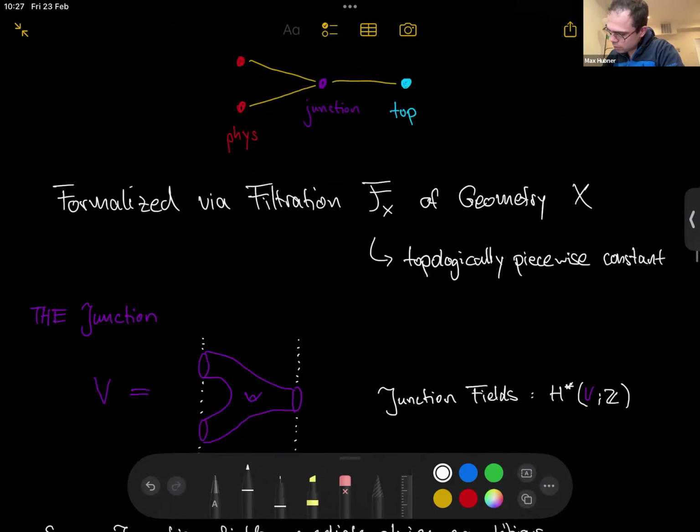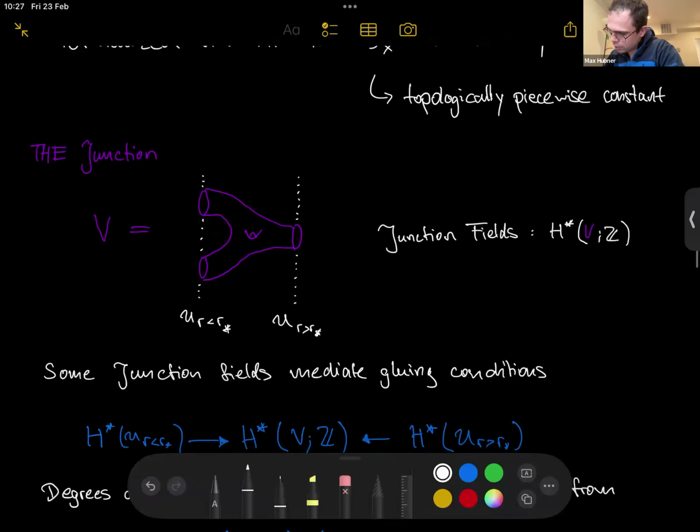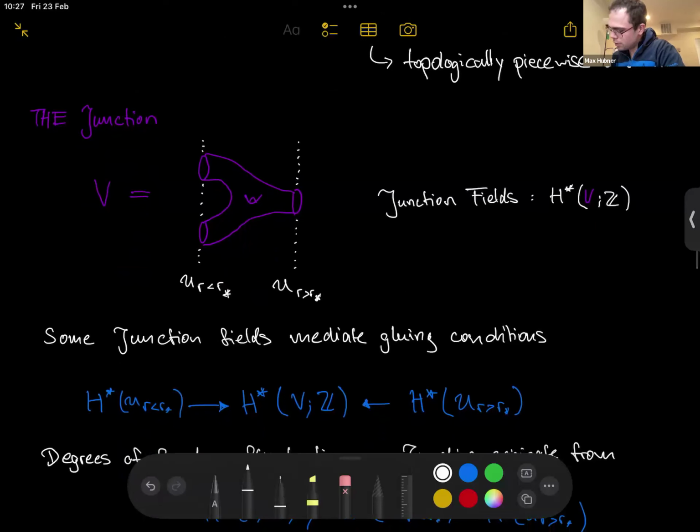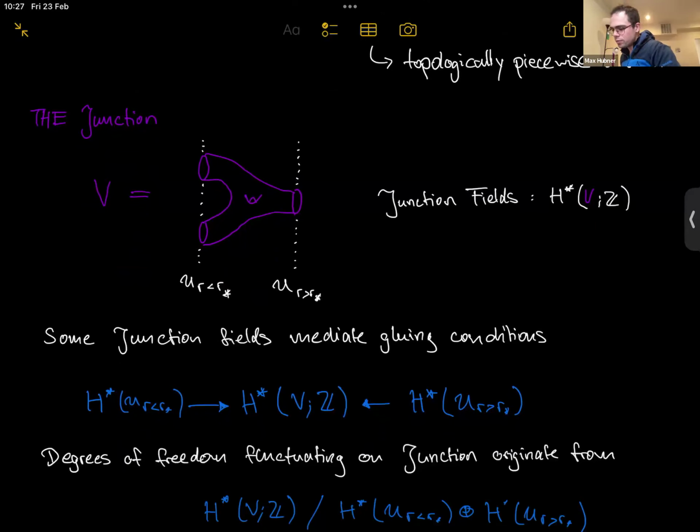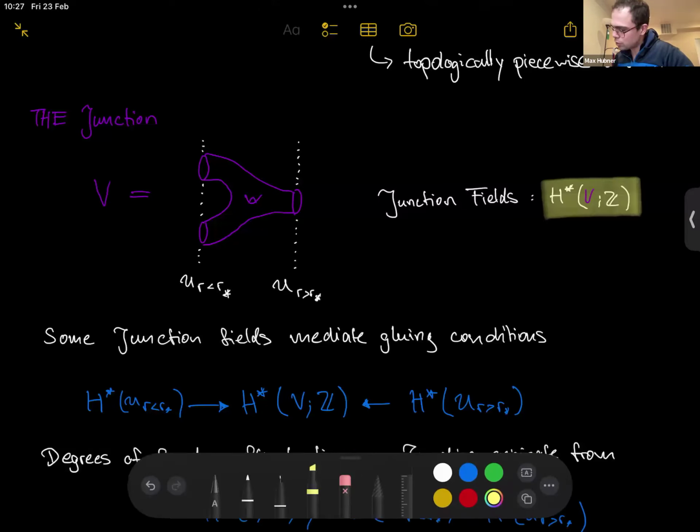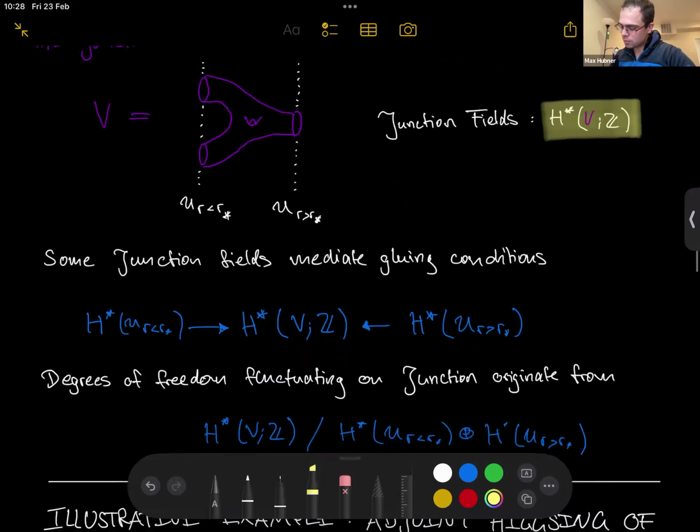And so the junction fields are going to derive from simply the cohomology groups of this space V. And the junction fields will have two purposes. Some of these will mediate gluing conditions. So let me explain.